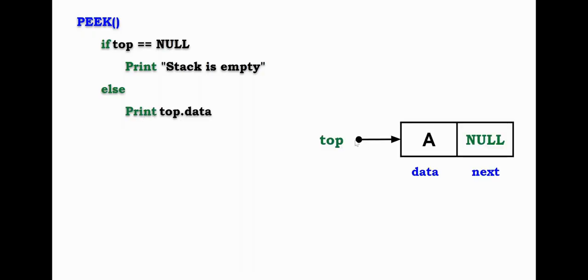Next operation is peek. To read the topmost value, first we have to check whether there is an element in the stack. If the stack is empty, we print that it is empty. Else, we print the top value by referring to it as top.data.